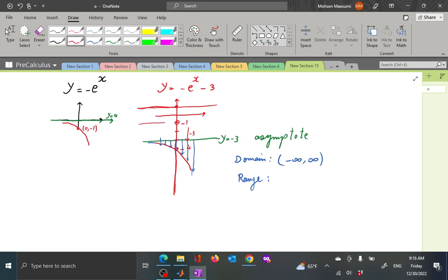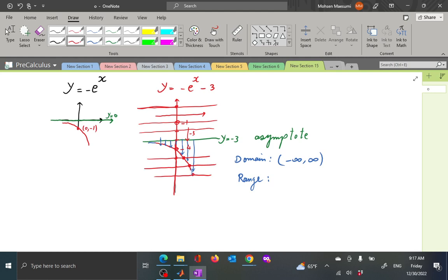So I draw a horizontal line, and if that horizontal line hits the graph, it means that point is in the range. But none of these things are in the range. Well, what is in the range? For example, here I'm in the range. Here I'm in the range. Why am I in the range? Because I hit the picture. Here I hit the picture, and so on.